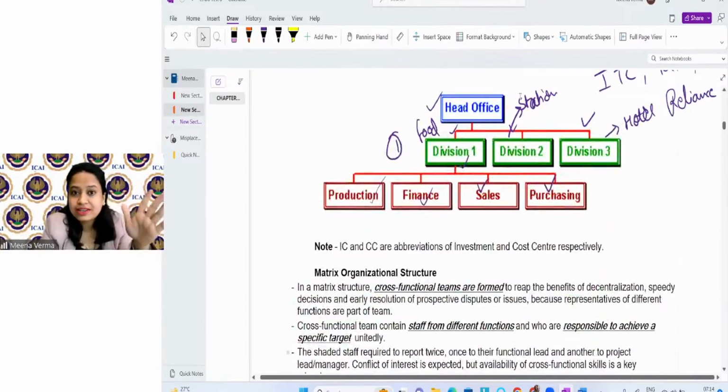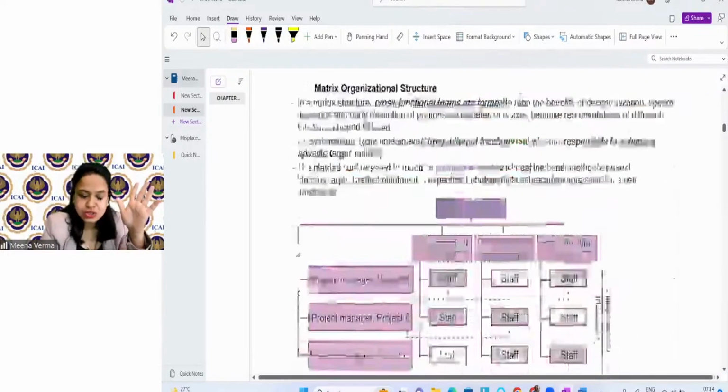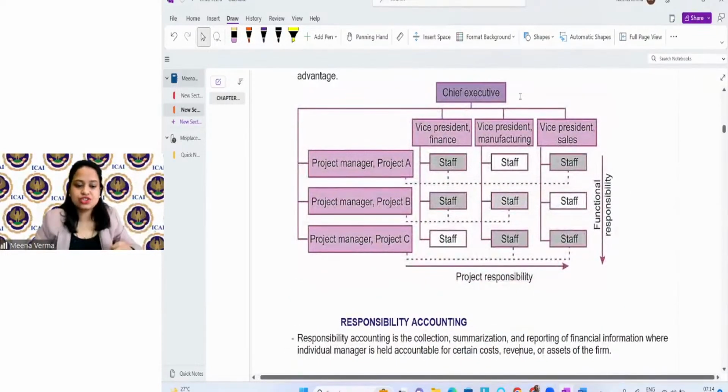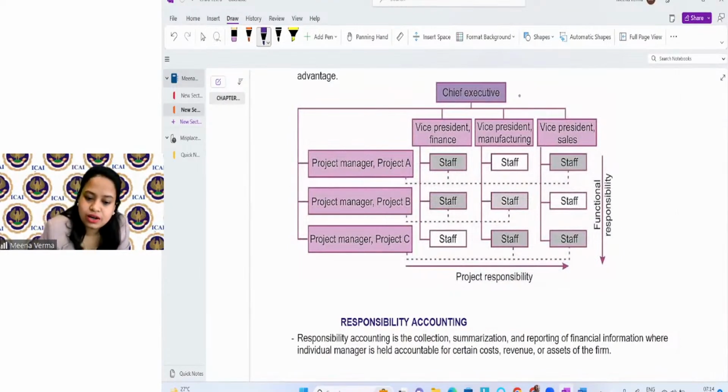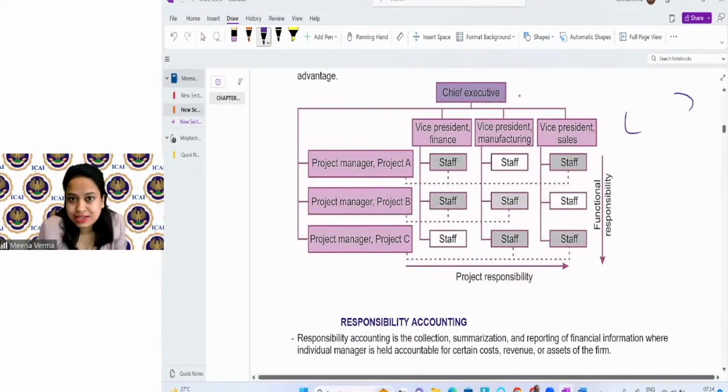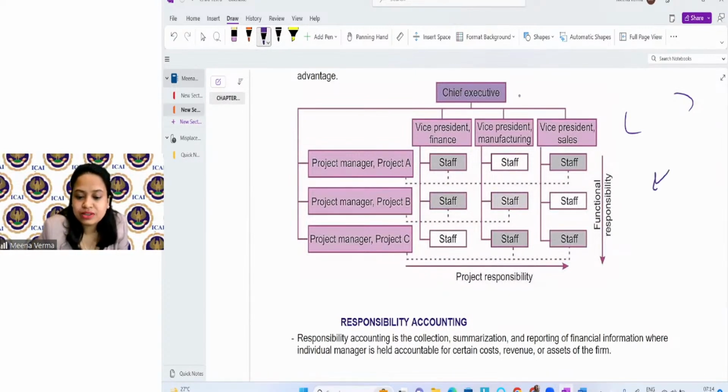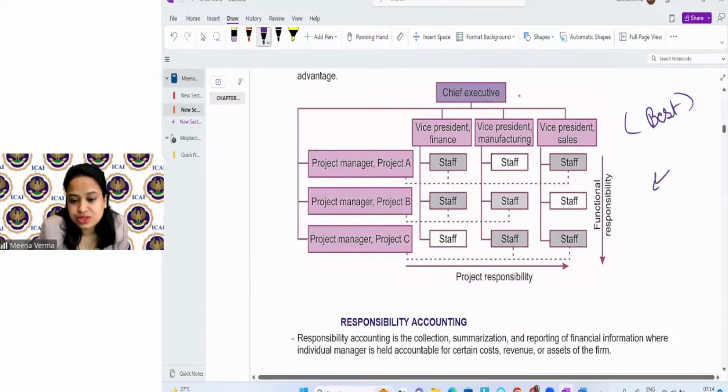You can see matrix organizational structure. So what is matrix organizational structure? Actually, it is for the very big organizations, just like Tata, ITC, Reliance. But if they make their structure in this way, this will help them to best utilize their resources.